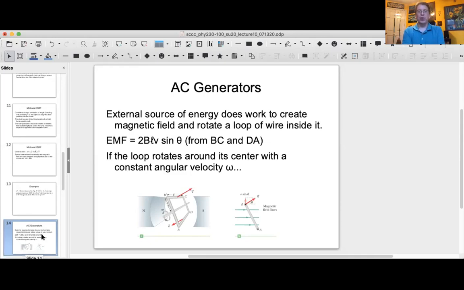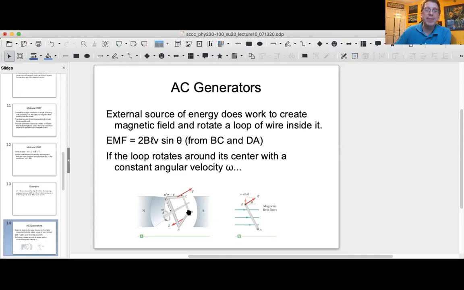So how does this work? If you look at the diagram, you have a rectangular loop, although this applies generally. The shape of the loop ultimately doesn't matter. You have a horizontal length L, and your width is A in this rectangular loop.